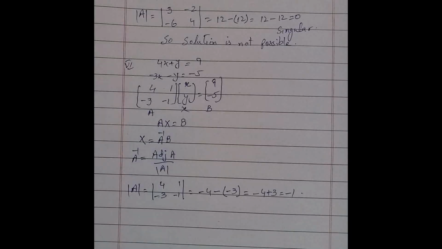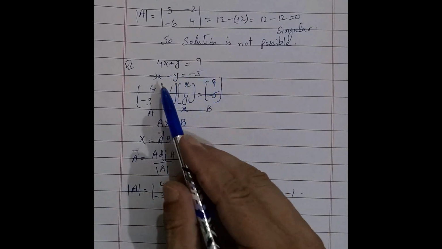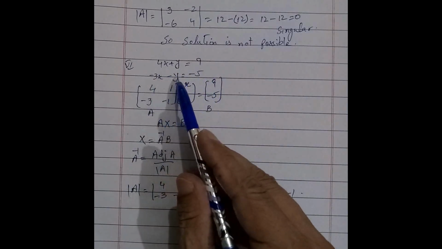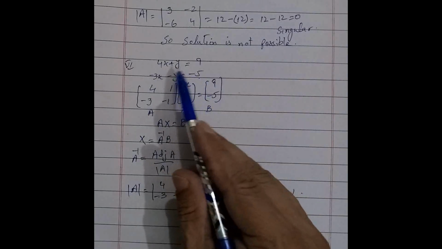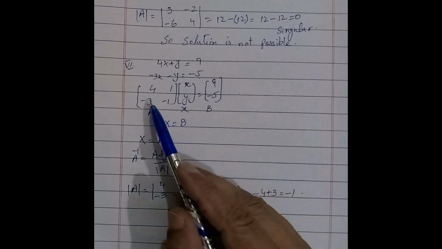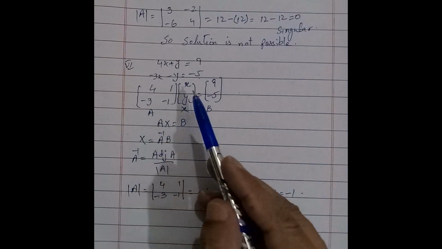Okay. Now we solve question 1 part 6, which has linear equations 4x plus y is equal to 9, and the other is minus 3x minus y is equal to -5. Now we change these linear equations into matrix form, which is 4, 1, -3, -1.